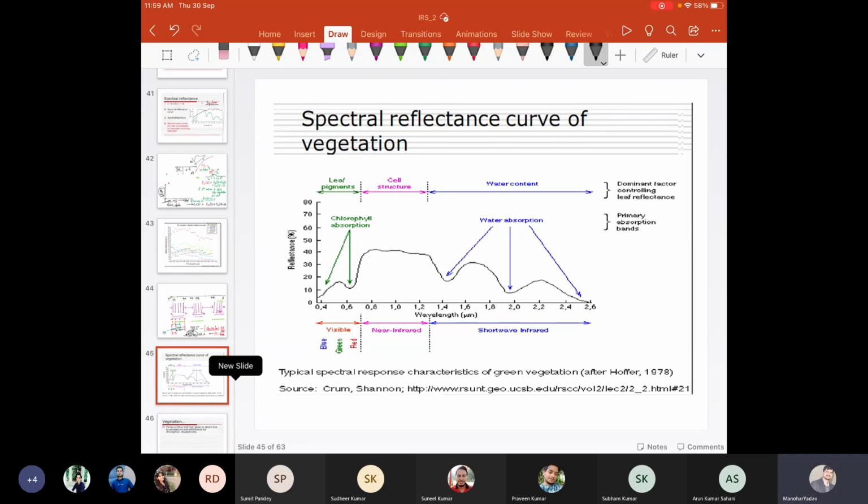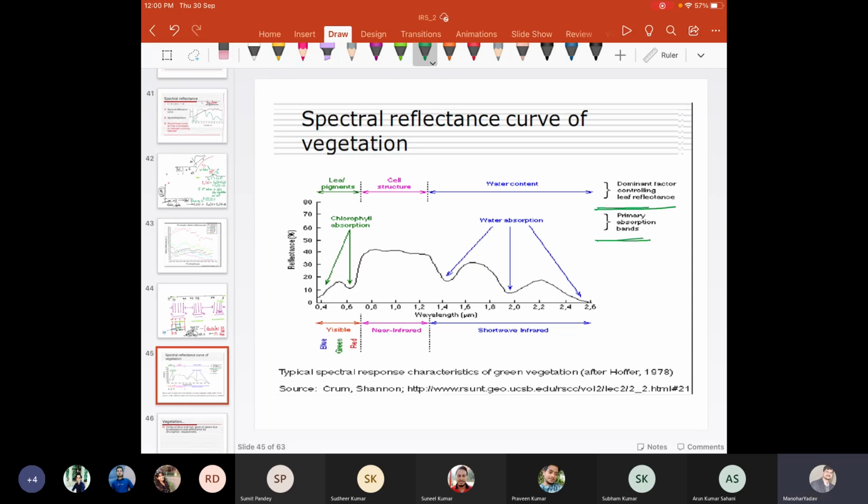So cell structure, leaf pigment, and water content are the constituents which are combined together to form vegetation. Specifically, the major component is the leaves, and they are the dominant factor controlling the leaf reflectance.